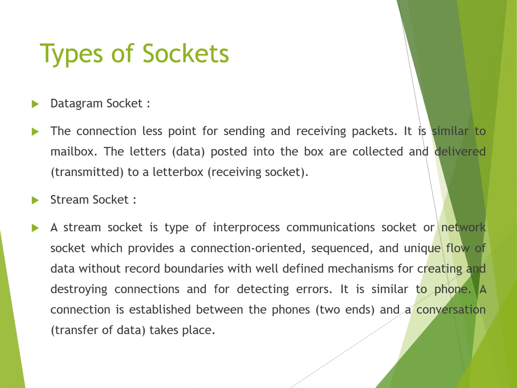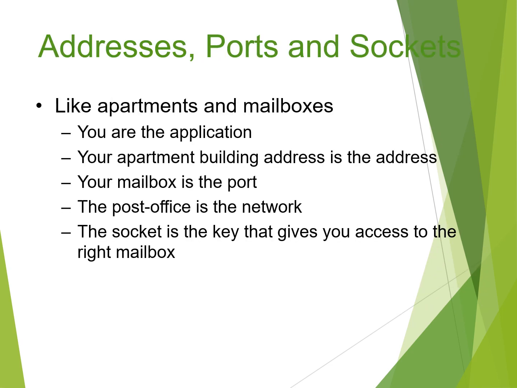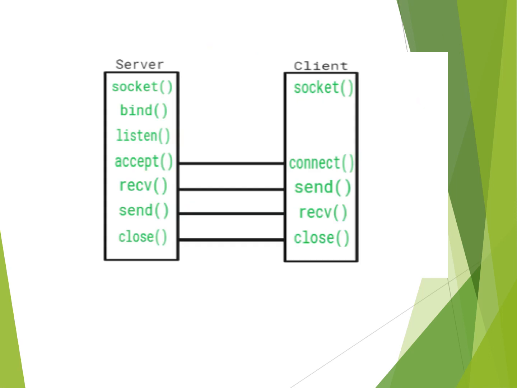And a stream socket is connection oriented and sequenced, with a unique flow of data without record boundaries, which means we are not going to fix any boundaries. With the help of TCP we provide a connection oriented service.